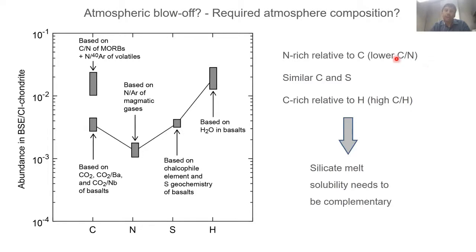So in order for all of these to be true, we need silicate melt solubility that is complementary, meaning silicate melt should be dissolving more carbon than nitrogen, and less carbon than hydrogen, and so on, in order to support an atmosphere that is complementary in its composition.